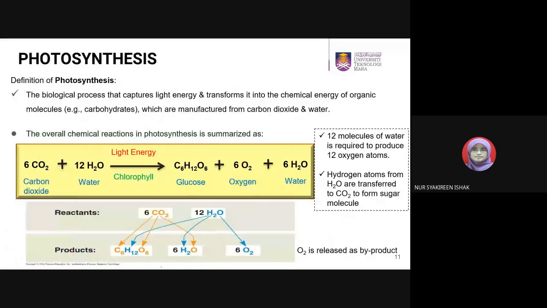Okay, so photosynthesis requires carbon dioxide and also water. So this is the overall chemical reaction of photosynthesis. It requires carbon dioxide, water, and also light energy. The light energy is absorbed by the chlorophyll, and then the products are glucose, oxygen and also water.